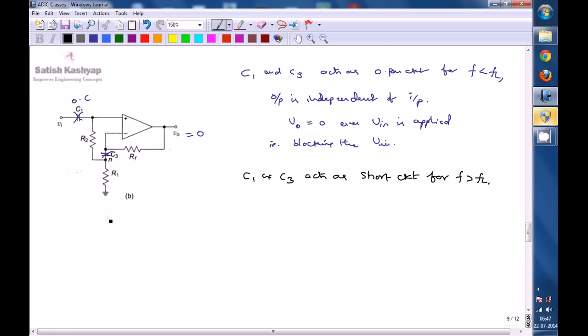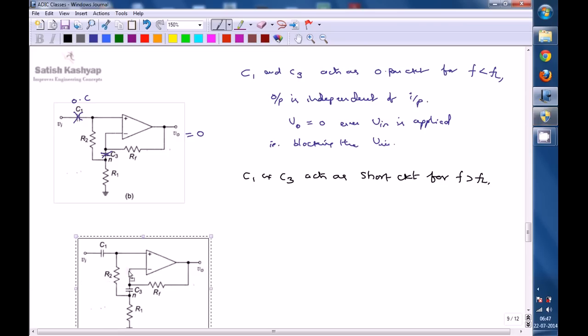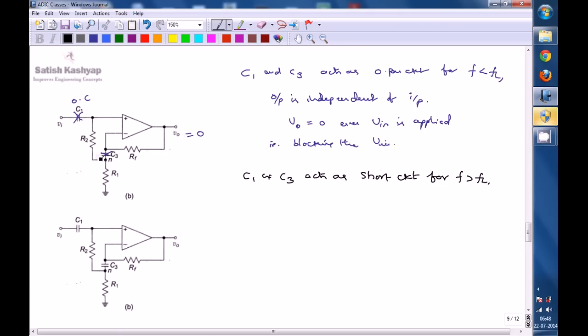Whenever they are acting as short circuit, we can analyze the circuit. C1 can be replaced with a simple wire, and C3 is also replaced with a wire. Now look at node N and the inverting terminal: because C3 acts as a short circuit, node N and the inverting terminal are at the same voltage.